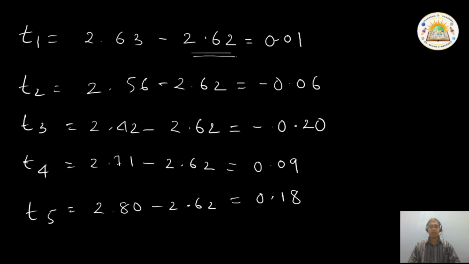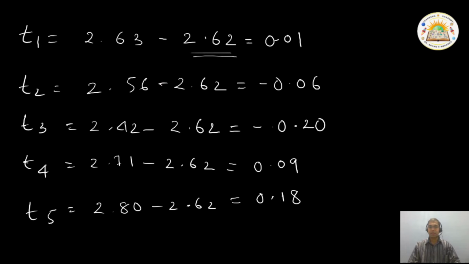Now, in order to calculate the exact error, where I can tell that 2.63 plus minus something, we will take the average of these values. Mathematically, we can call it the arithmetic mean. So I'm going to ignore the negative signs and take only the magnitude.